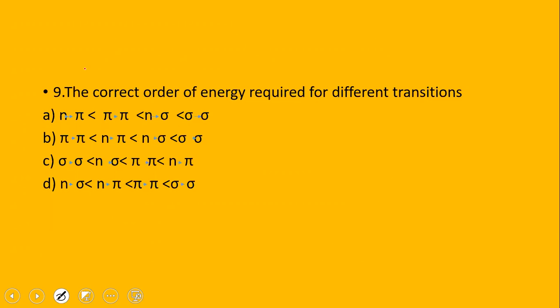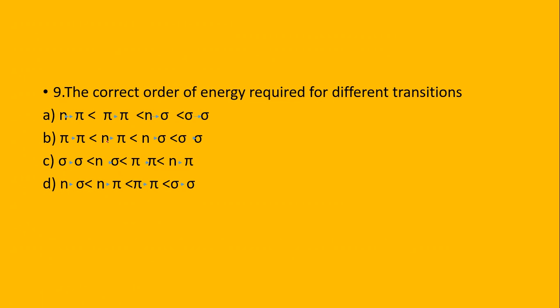The correct order of energy required for different transitions. Option A: n to pi star greater than pi to pi star greater than n to sigma star greater than sigma to sigma star.